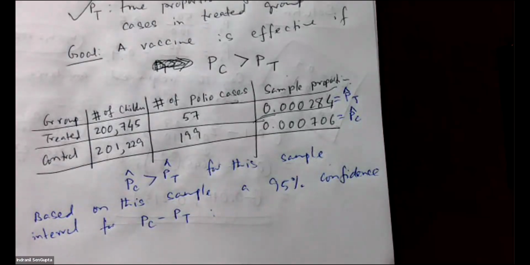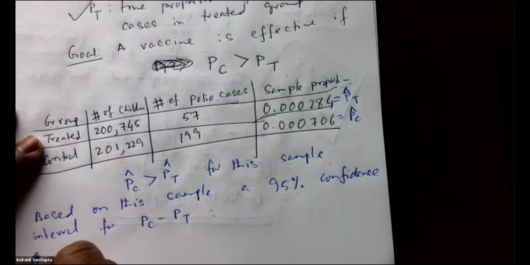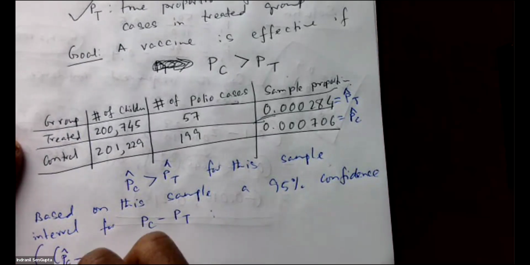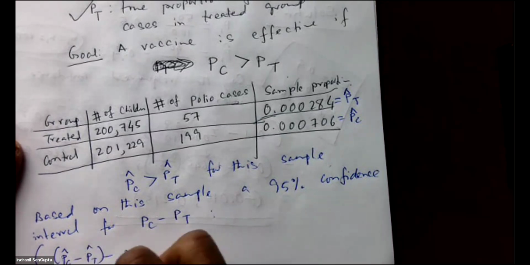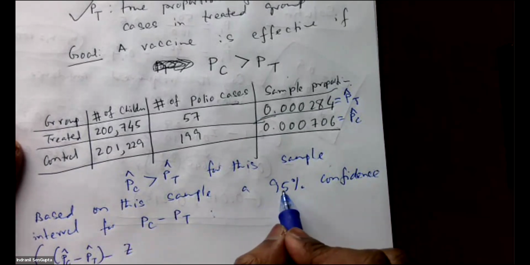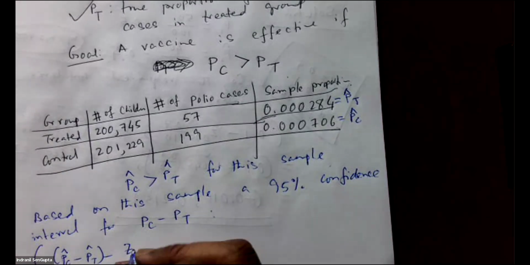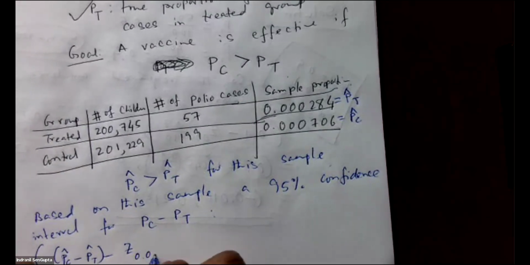So when we have the two proportions, what we have to do is PC hat minus PT hat minus Z of alpha. Now we are talking about a 95% confidence interval. Like in all the previous problems, alpha in this case is 0.025, right? For the case of 95% confidence interval.